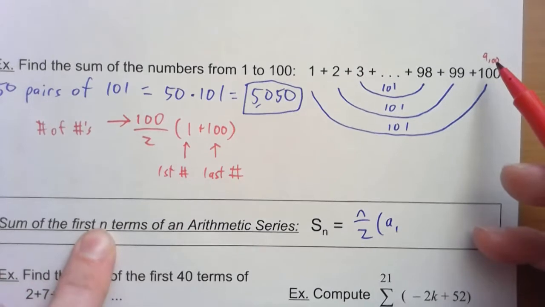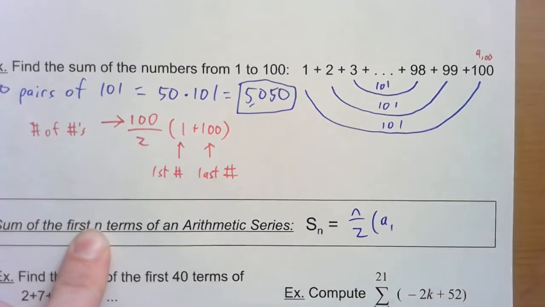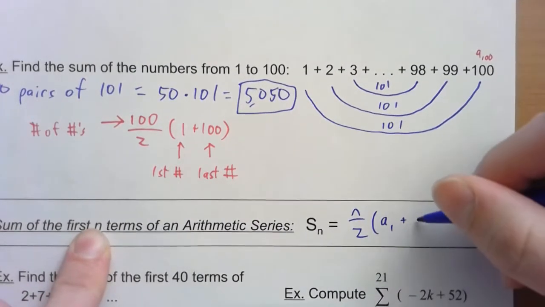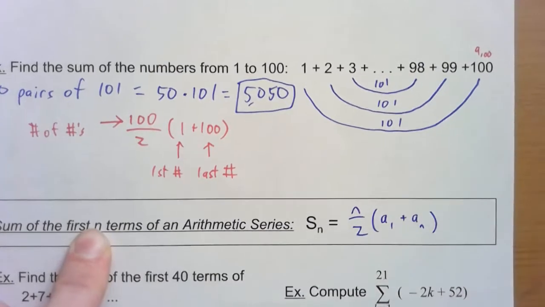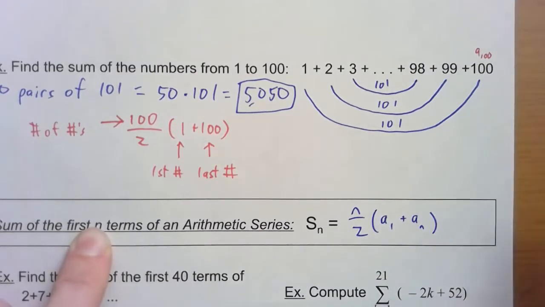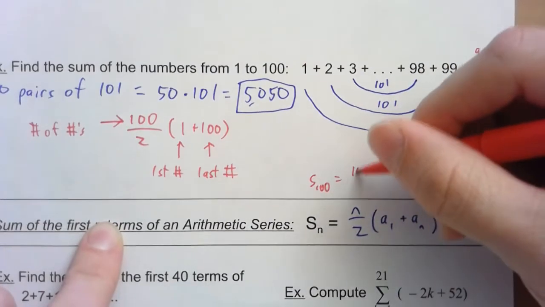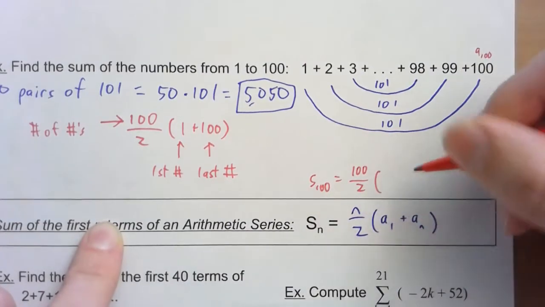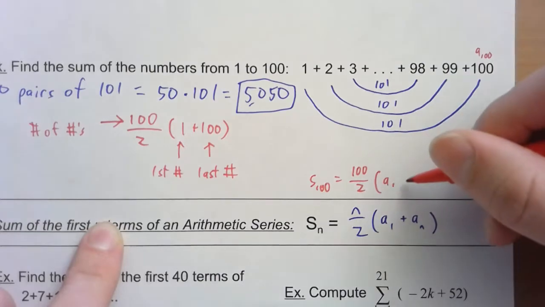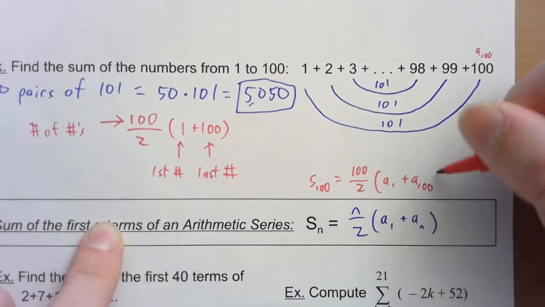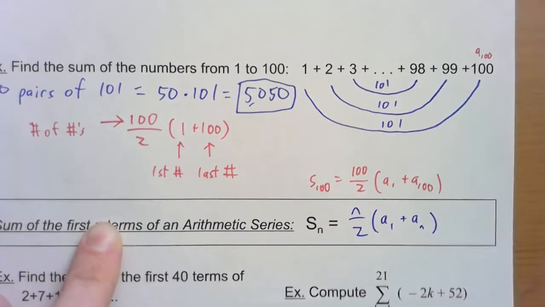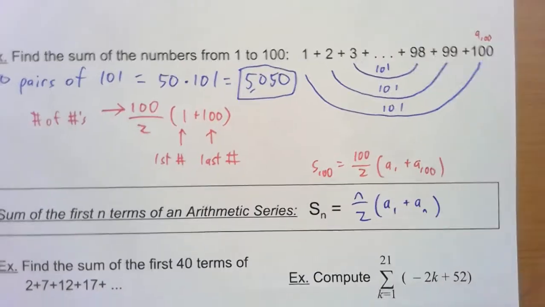It matches n. So we call this a sub n or t sub n. So what we just did for S100 was 100 divided by 2 times a sub 1 plus a sub 100. All right, let's try this formula out.